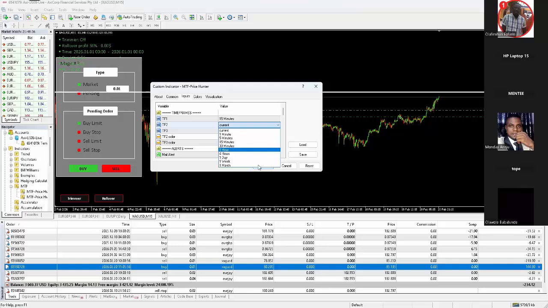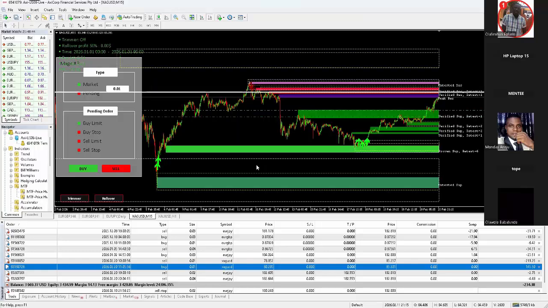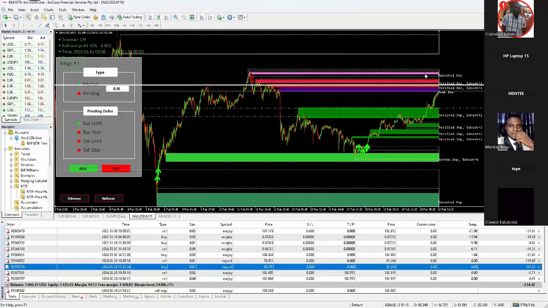How does this work? Did you see? The same thing I plotted is what the multi-time frame plotted. The only thing is it didn't plot them as a solid line like I did. It put a dotted line, but you can see that this area of my emphasis is what our multi-time frame tool put.